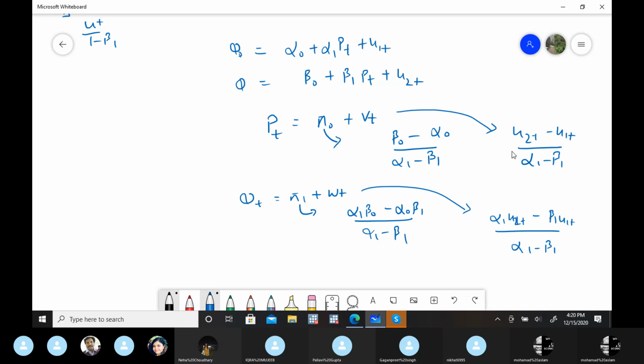Any doubt in these two reduced form equations? That I'm keeping this as the dependent variable and incorporating the other in this particular equation. Any doubt?